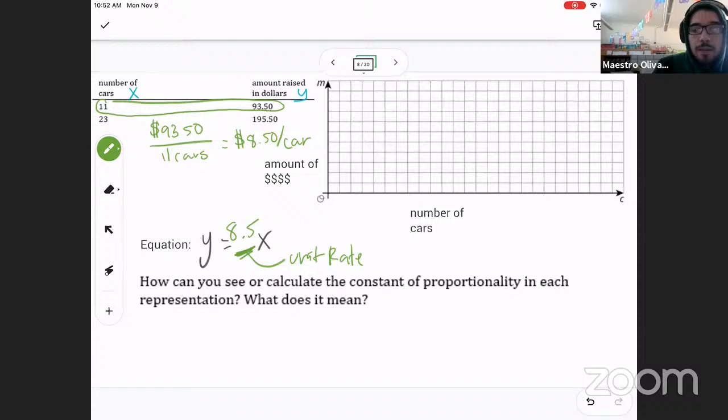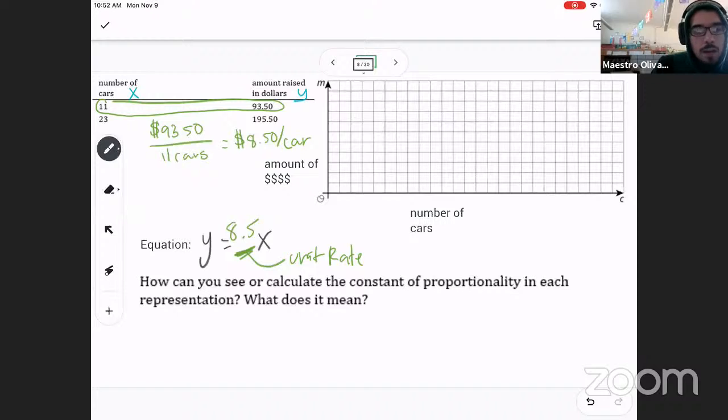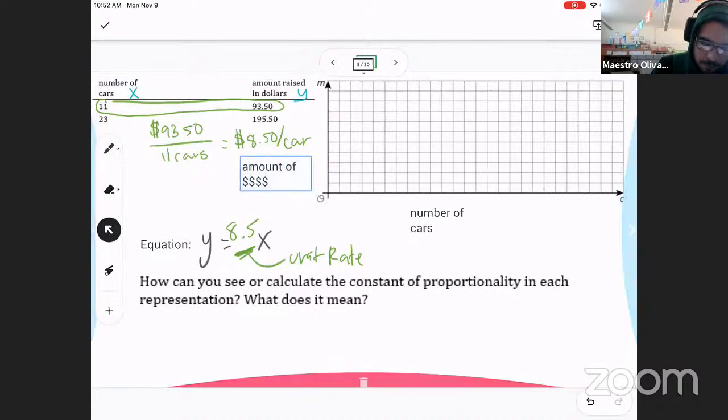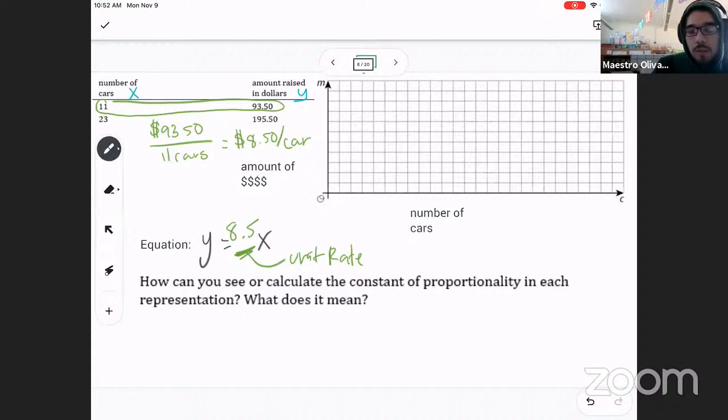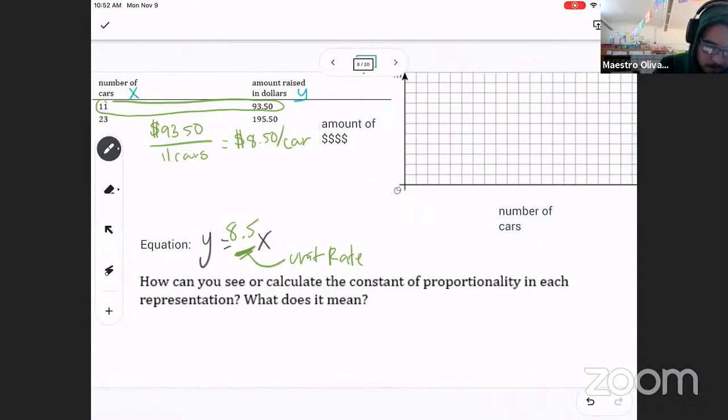And last but not least, let's graph this. Last time we graphed, we found out you can set up your own axes. What does this mean? This means on the x-axis, for example, if this is going to be 1, this is going to be 2, this is going to be 3, this is going to be 4.